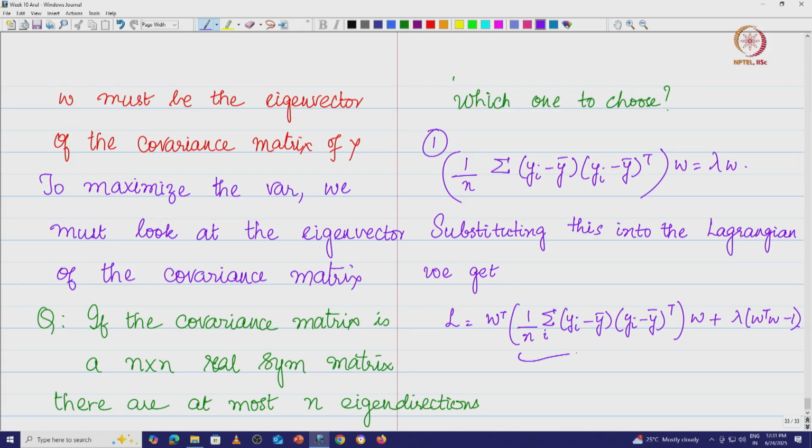Now, this expression is basically lambda W. So, I will write L is equal to W transpose lambda W plus lambda into (W transpose W minus 1), which is lambda minus lambda. That tells you that L is equal to lambda. Why should L be equal to lambda?